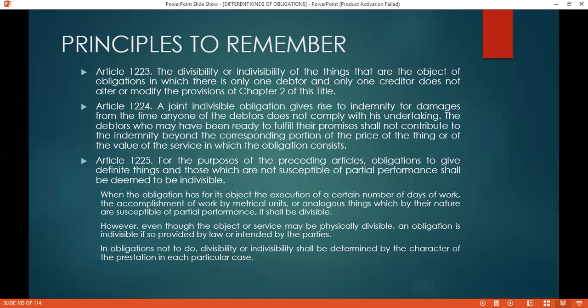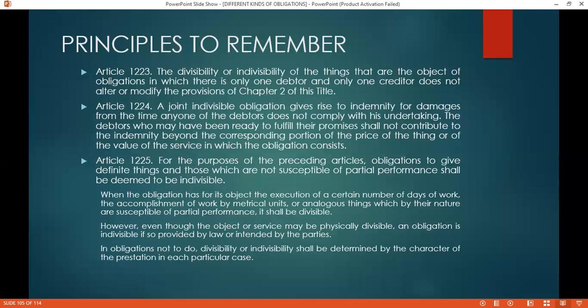So, what does this provision mean? In Article 1223, we have here actually kinds of division.